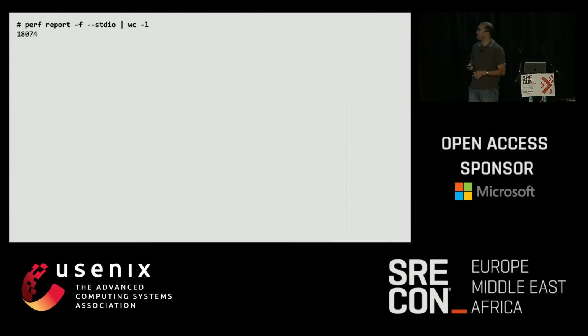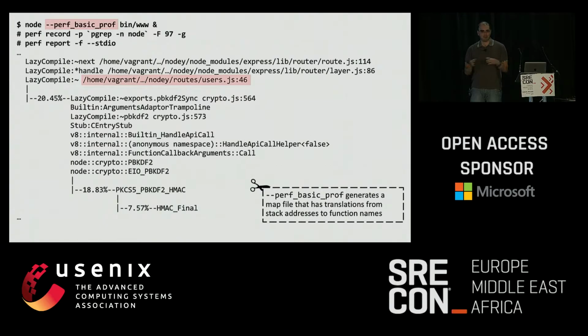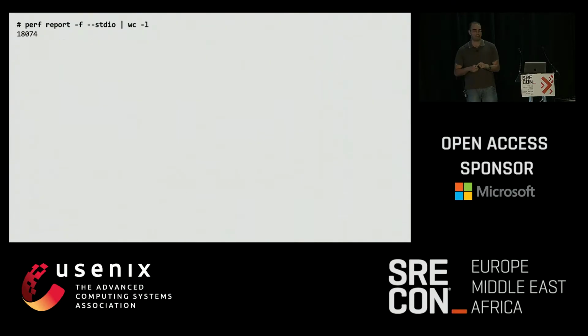So this little snippet is part of a larger report, which is 18,000 lines. And that's a very, very small Node application that's basically not doing a lot other than hashing strings. So it's not really handy to go through scrolling these handfuls of text, these 18,000 lines.